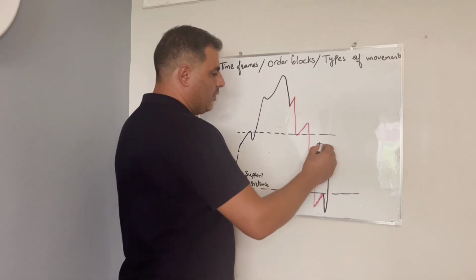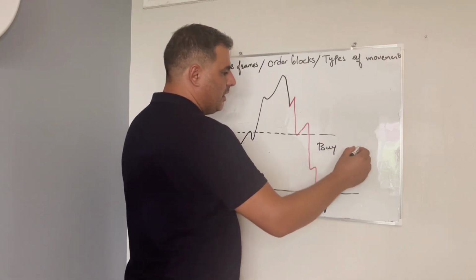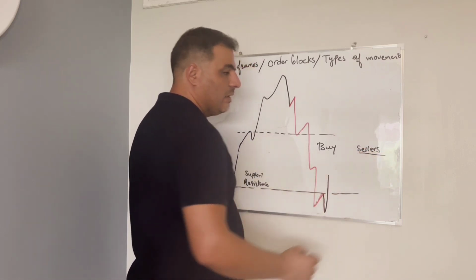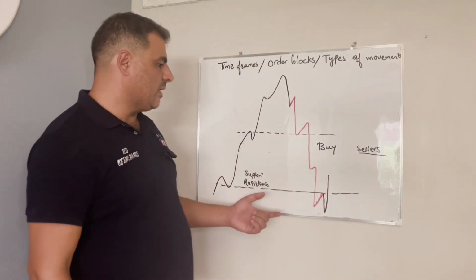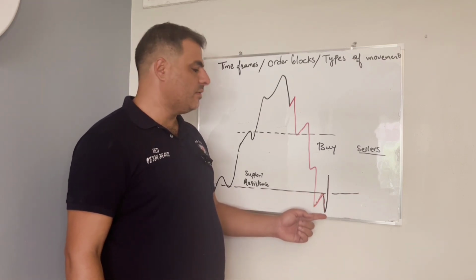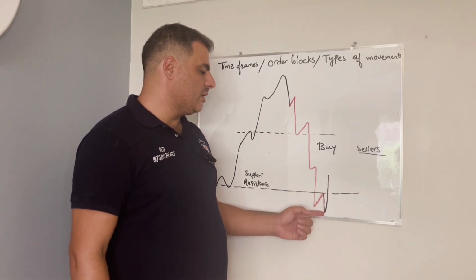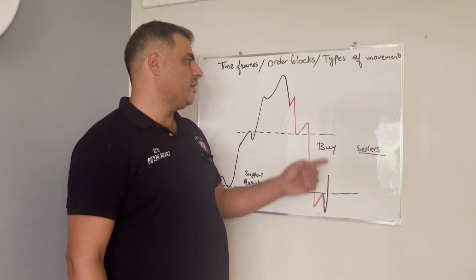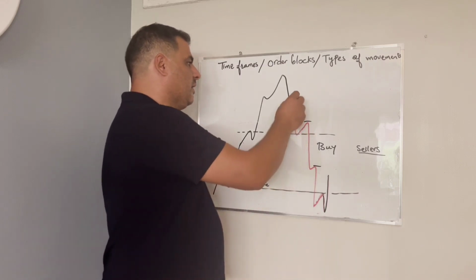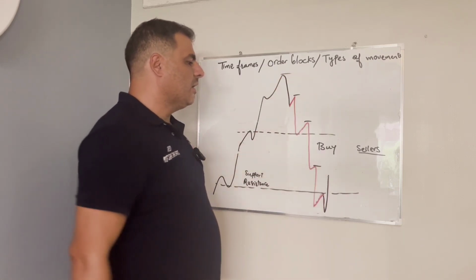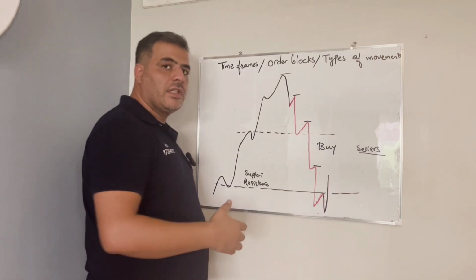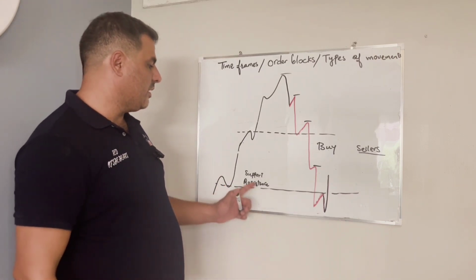So they want to buy, they need sellers, and they need to convince the retail traders that, for example, from an area like this, the market is going further down. So they get the sellers, their buy deals open, and they go and collect these stop losses, even here and potentially here. So the intention of the big boys in the market is for you to trade against the market.